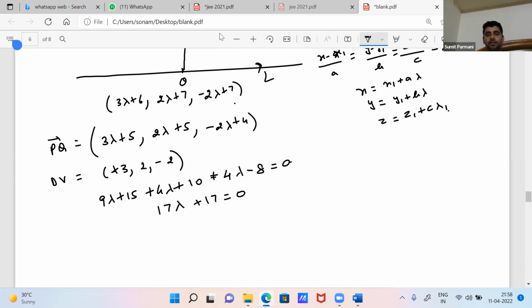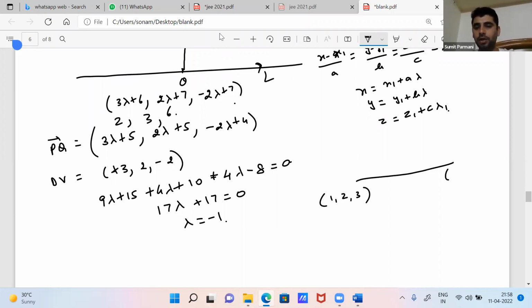Plus 17 is equals to 0. So lambda is equals to minus 1. With lambda is equals to minus 1, we can write this point is 2, 3 and 6. So we have to find the distance between 1, 2, 3 and 2, 3, 6. Using distance formula, you can calculate the distance PQ.